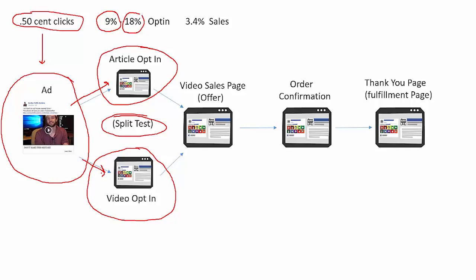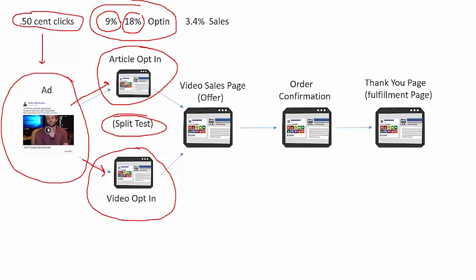Video tends to convert better than text. That's just the way it is. That's typically how it works almost every time. But again, that's not saying that video is better than articles. Some people do better by sending their traffic to articles. In this particular case, the video is converting basically double the amount that the article is. So these numbers definitely have some room for improvement.